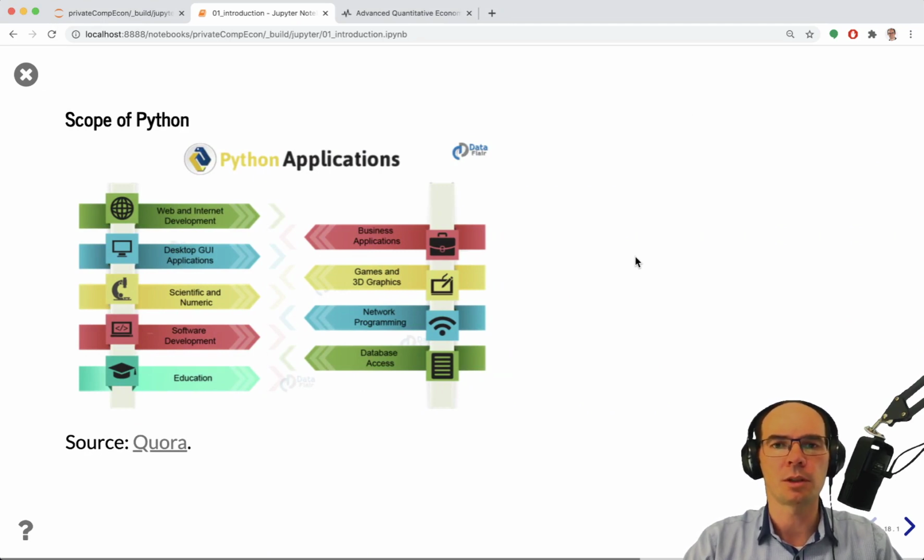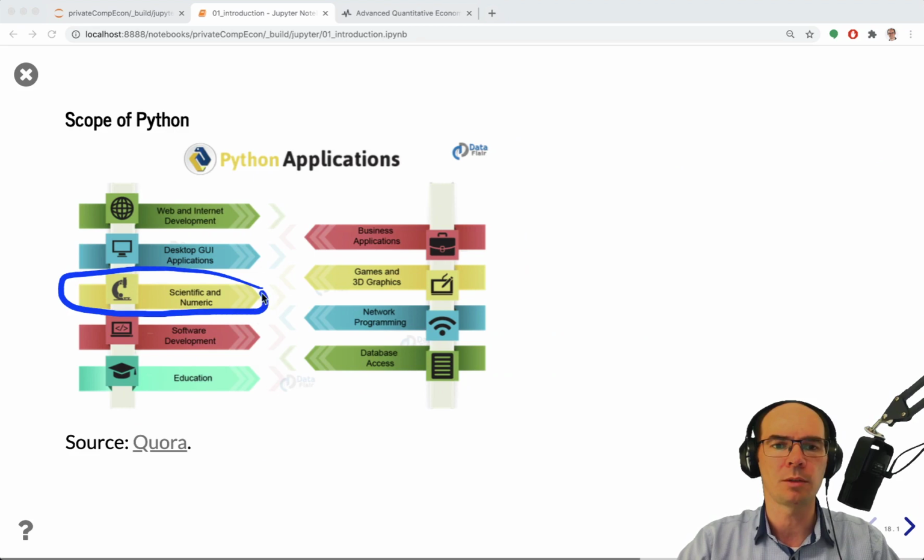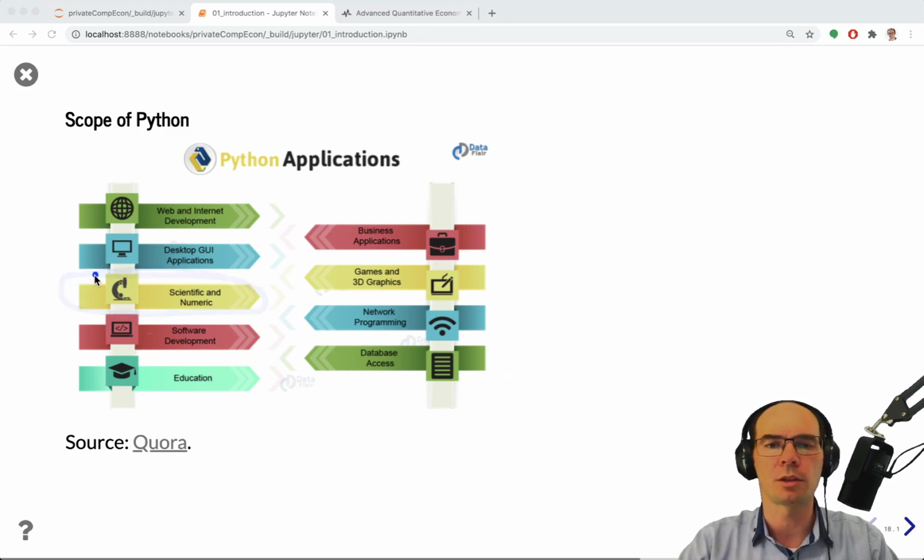Now, Python has a huge array of applications. The language is easily extendable, and the modules and libraries which are written by other people cover lots of different fields and topics of everyday life. Of course, we are mainly interested in scientific computing, and we will look at the packages and libraries that are needed for scientific computing.